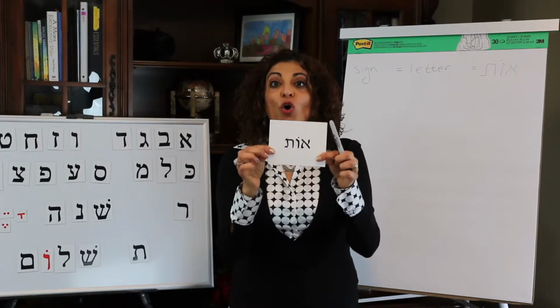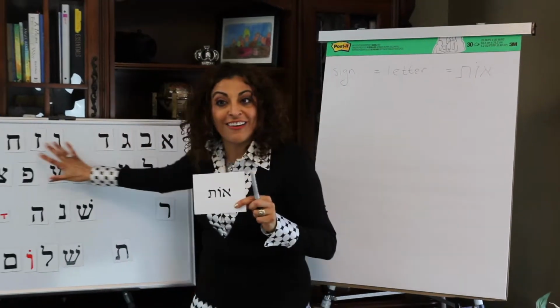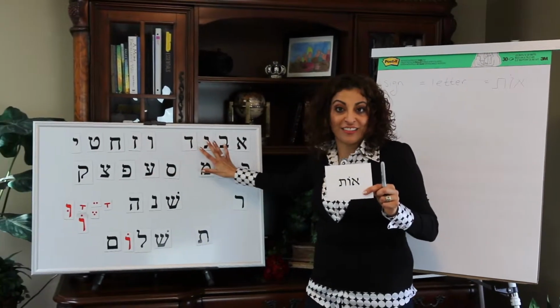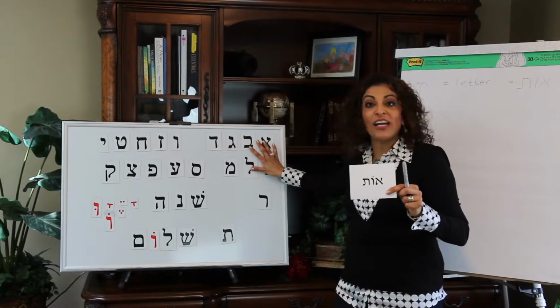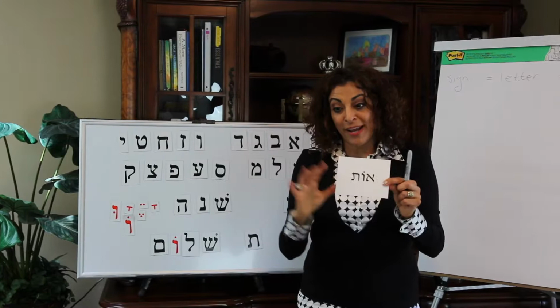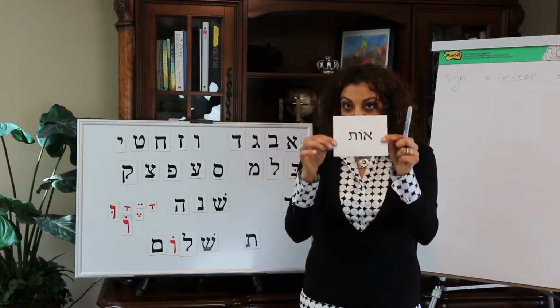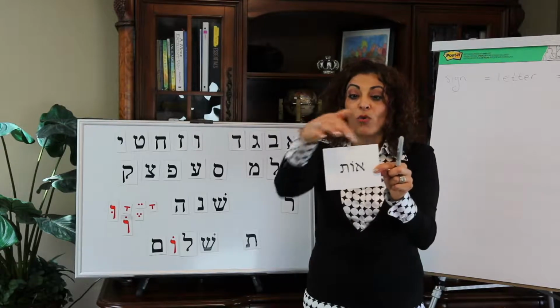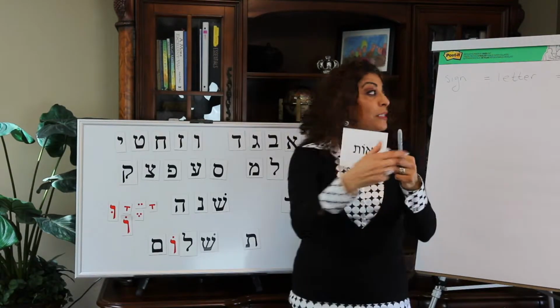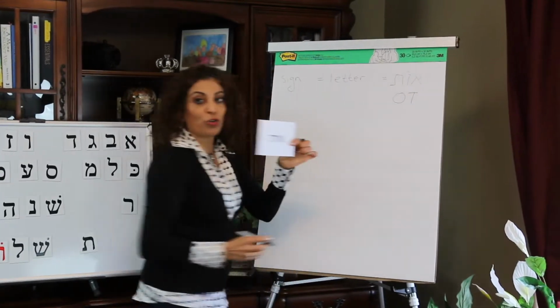Okay, so the word ot is a sign. So all of these letters are actually signs. What are they signs of? Now, by the way, as we go through this, we are going to learn some of these words, and when we do, write on top of it what it means. So the way we pronounce it is ot.